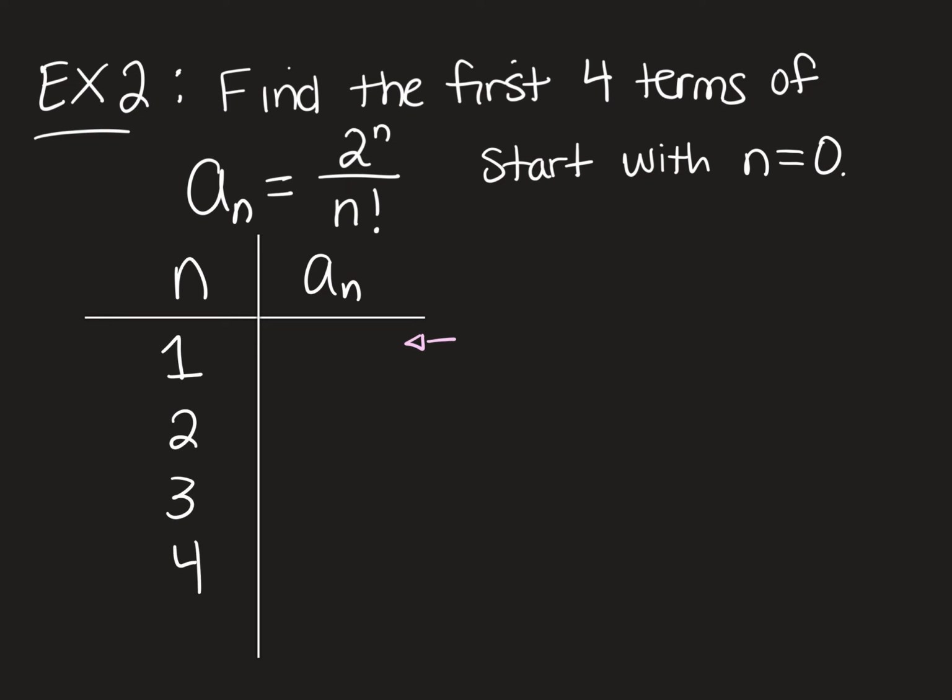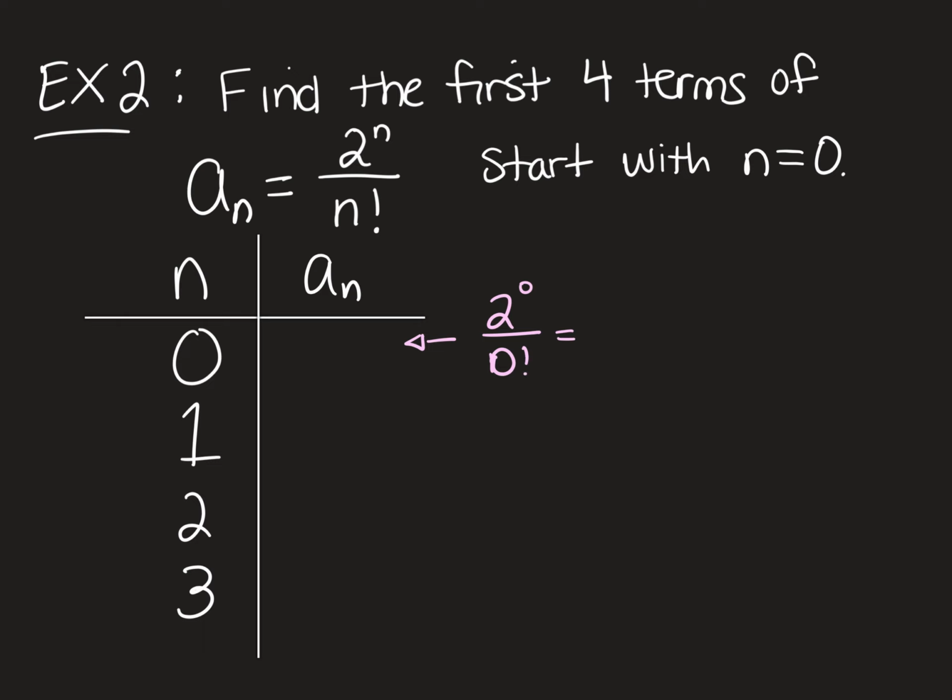Didn't you say there was 0? Yep, thanks. I was just thinking I didn't start with 0. Took the words right out of my mouth. Okay, 0, 1, 2, and 3. That's actually the first 4 terms, right? Since we start with 0, there's 4 terms there. Just happens to be that we only get up to 3. All right, so let's start with that 0 term. Plug in 0 for n. I'm going to do my calculations off to the side here. So 2 to the 0 over 0 factorial.